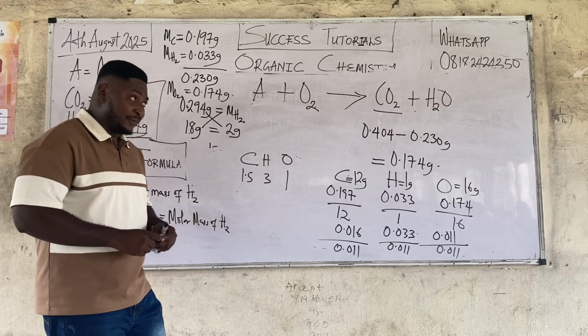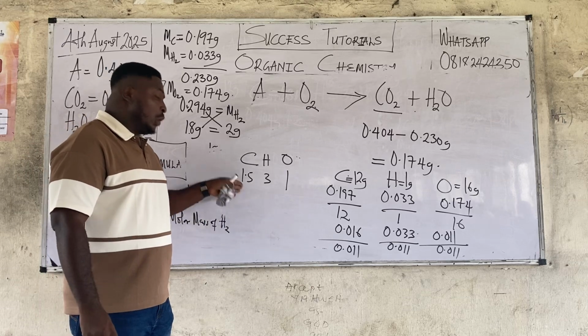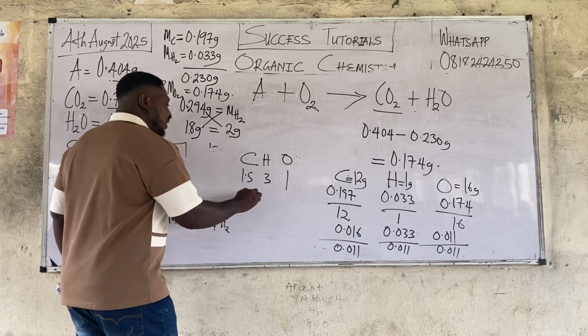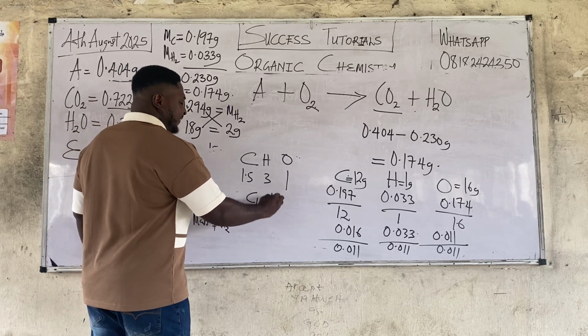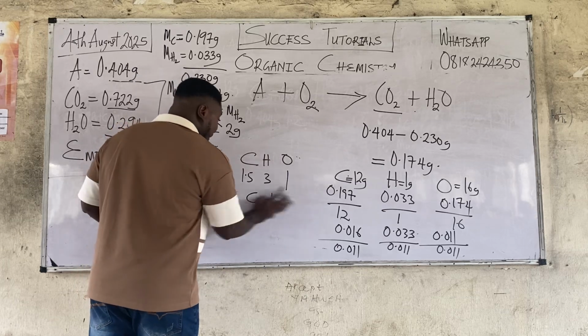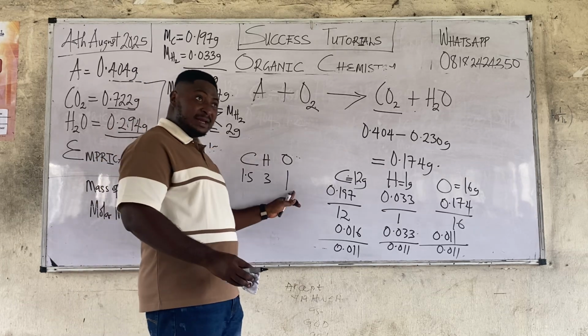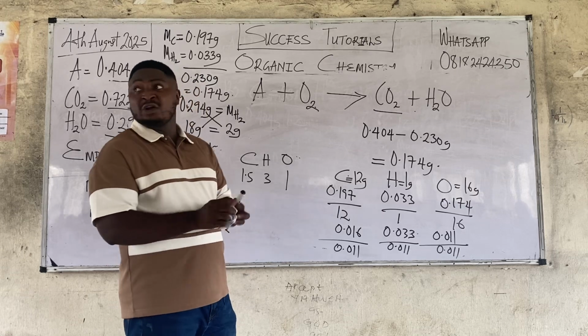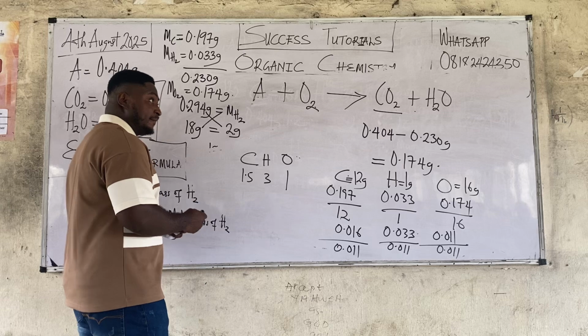Follow me so we can round up for today. 1.5, 3, and 1, class. You cannot stop here, because your empirical formula must be whole numbers. But if you keep dividing by the smallest number, it keeps bringing us back. So once division can no longer work, you then multiply by the smallest number.